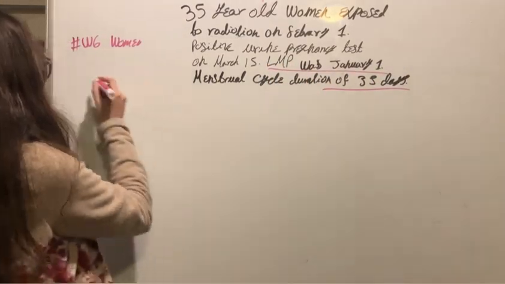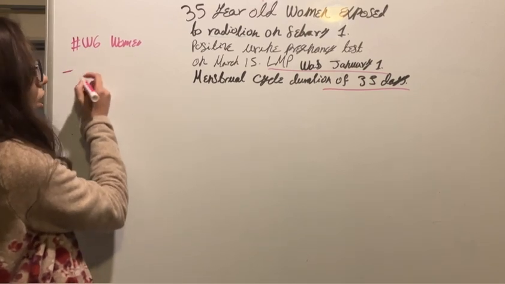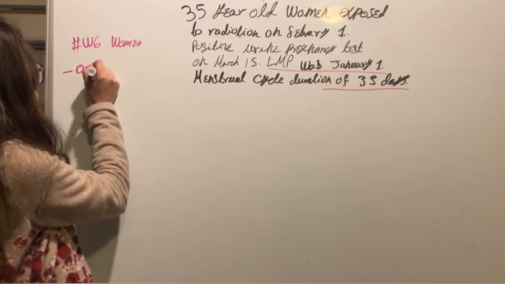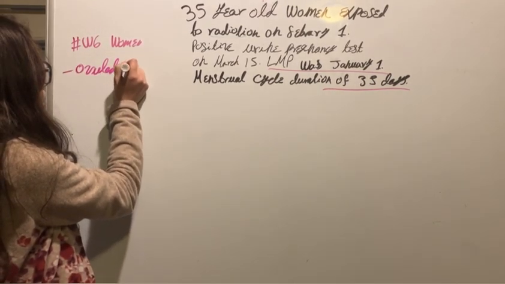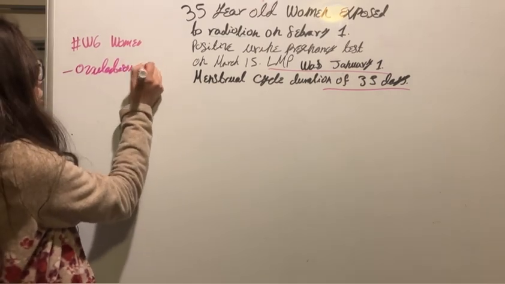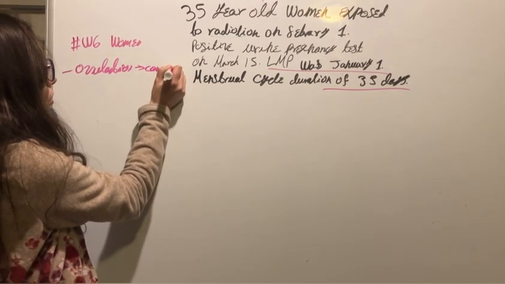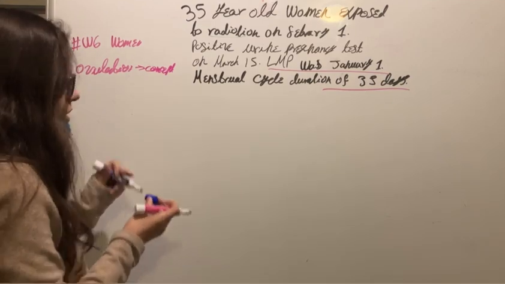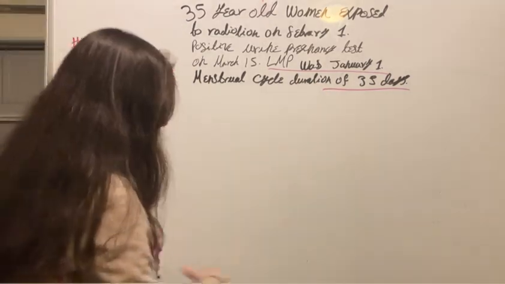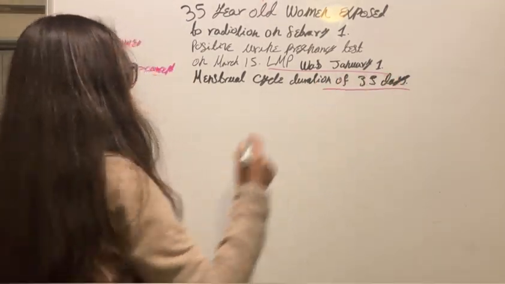So first we need to calculate when the ovulation date was, which is going to be the conception or fertilization date. So we are going to put a 35-day cycle.